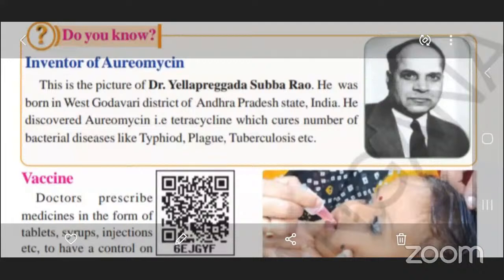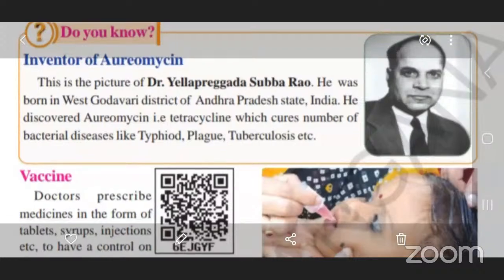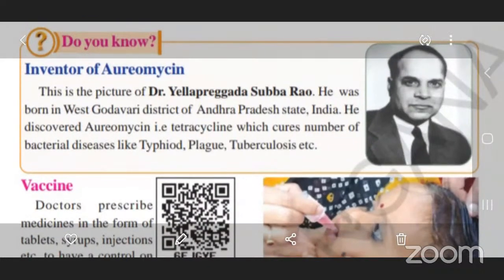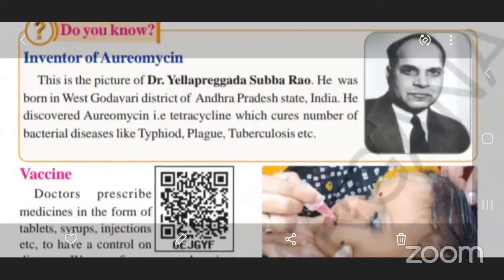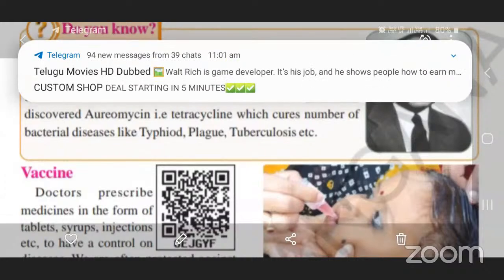This is a picture of Ella Pragada Subbarao, inventor of iomycin, tetracycline. He was born in West Godavari district of Andhra Pradesh state, in India. He discovered iomycin, nothing but tetracycline.